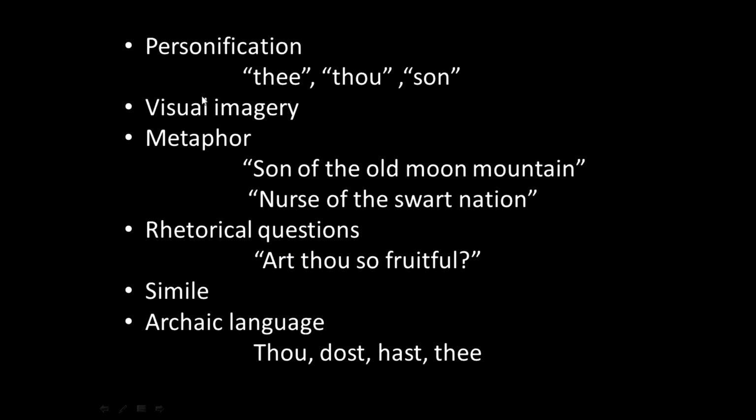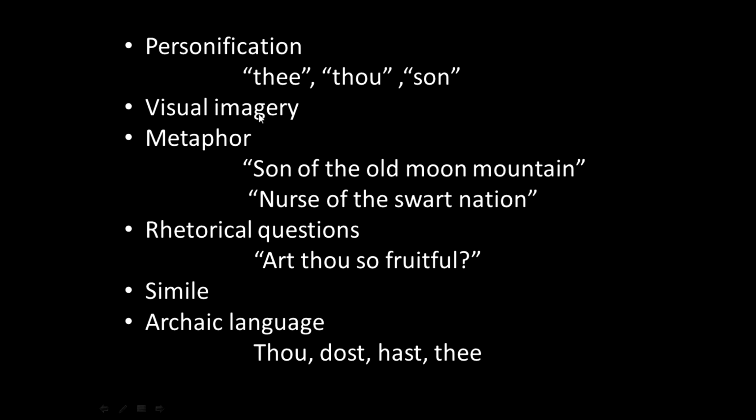And then you can find the technique personification. The poem begins as "Son of the old moon mountains." At the beginning itself you can see the personification, from the words thee, thou. Thee means you. So the river is personified. Next, visual imagery.